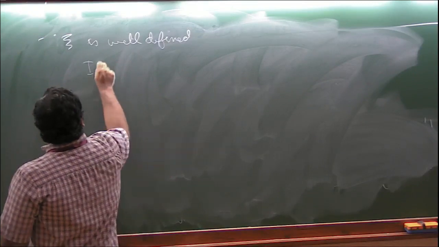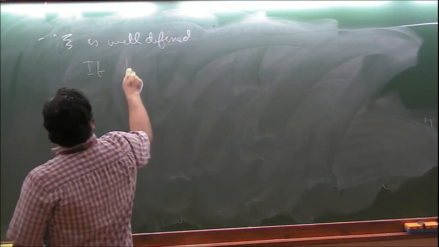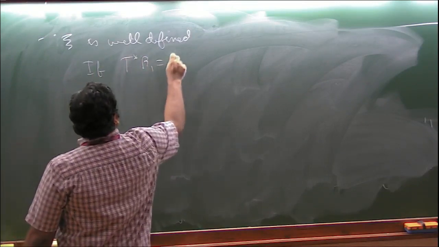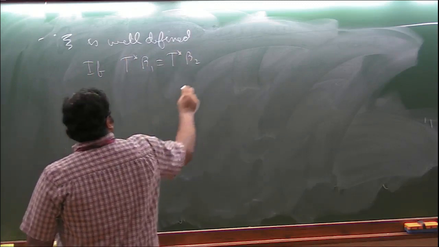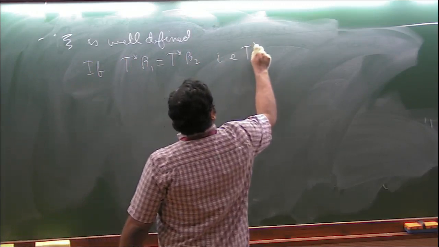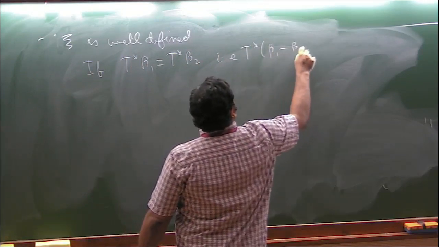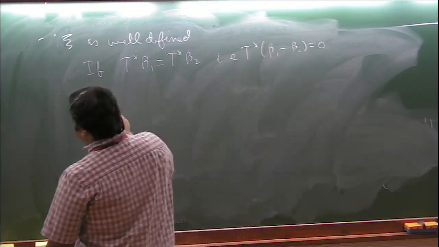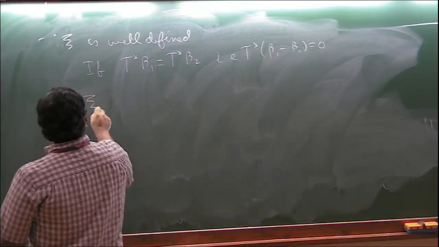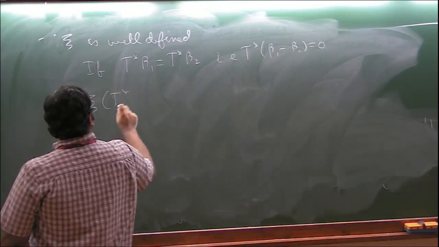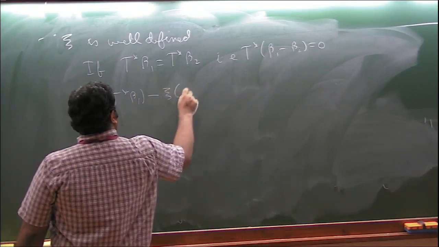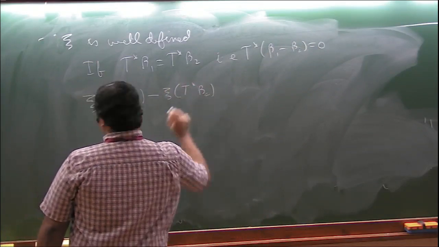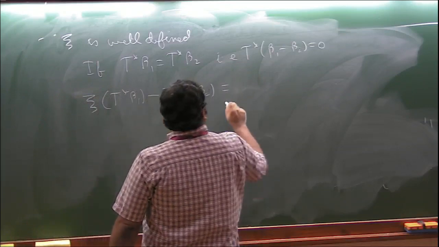So if T star beta 1 is the same as T star beta 2, that is T star of (beta 1 minus beta 2) is 0, then observe that xi of T star beta 1 minus xi of T star beta 2 is, what is it?